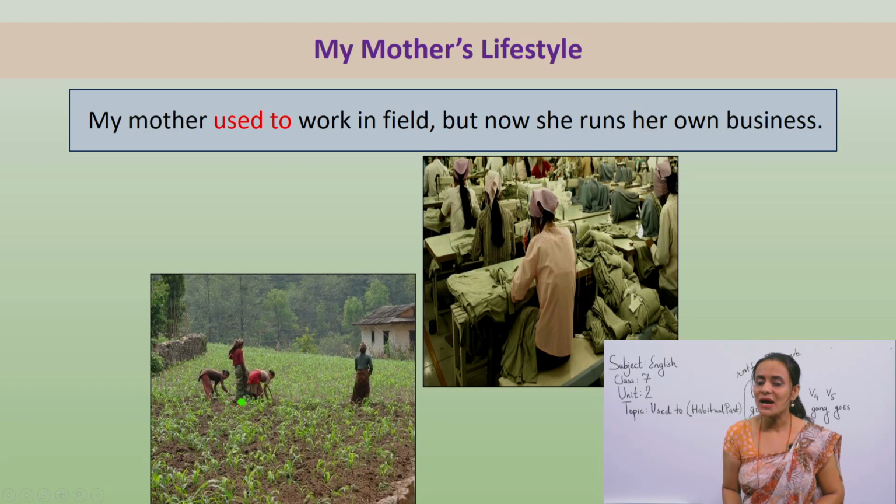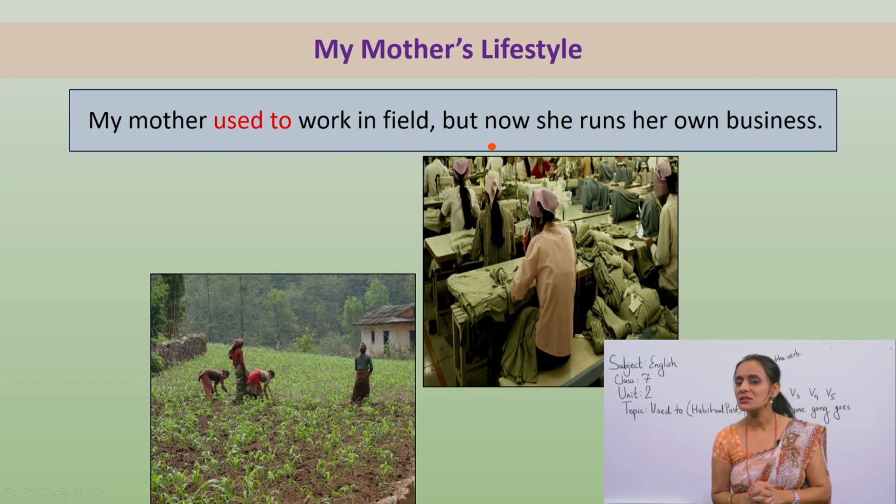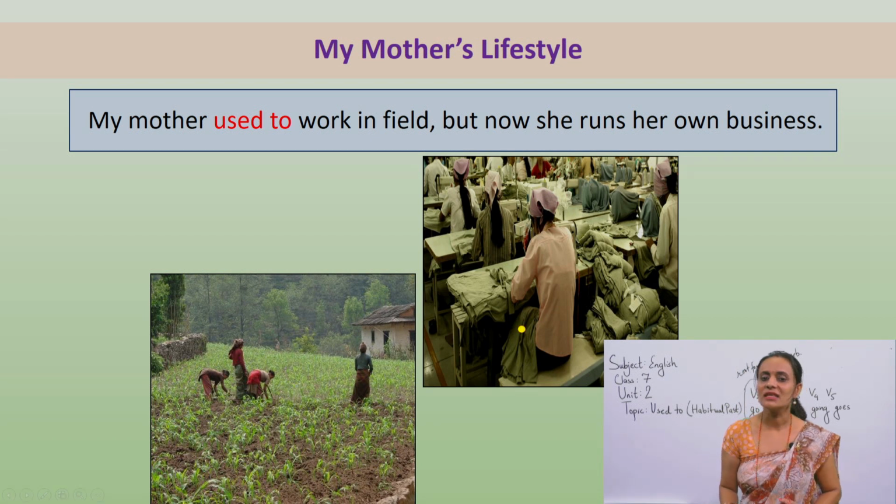This was her past habit and this is her present habit. You can see clearly in the picture also. This is my mother's lifestyle, now and then, past habit and present habit.